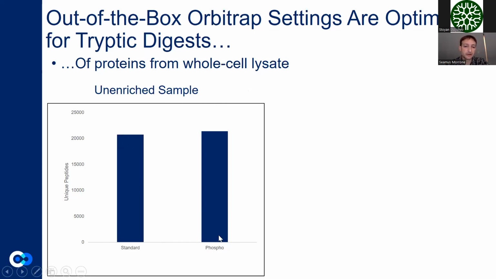And then if you consider a phospho-optimized method, which many published studies use certain values for their method, and you contrast these two from an unenriched sample, you're getting similar return on peptides.